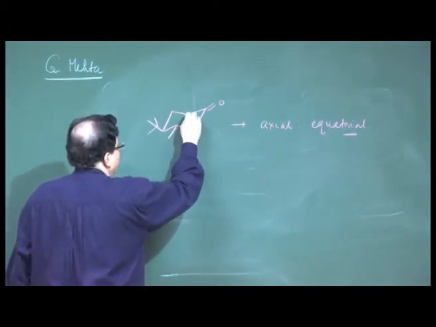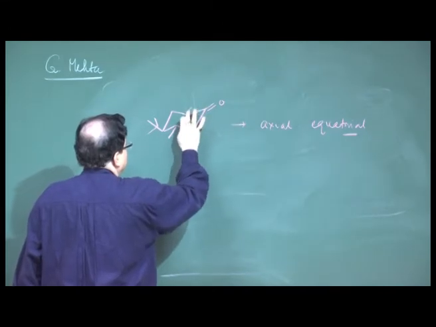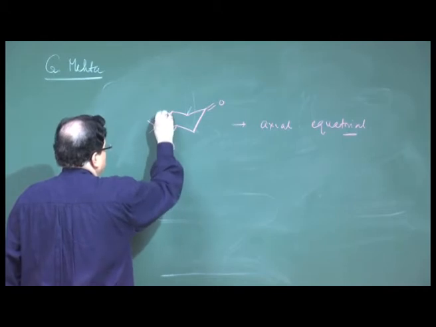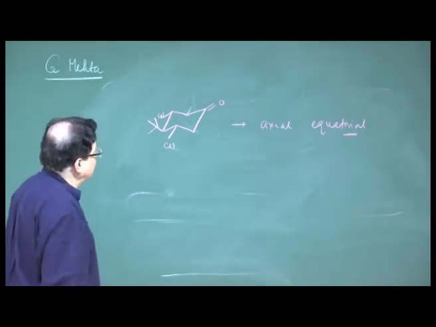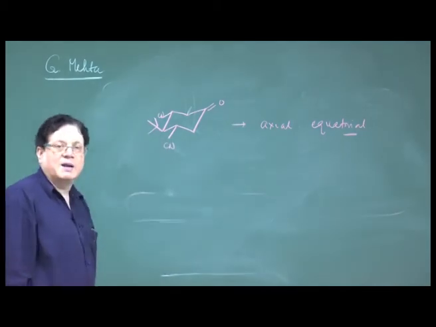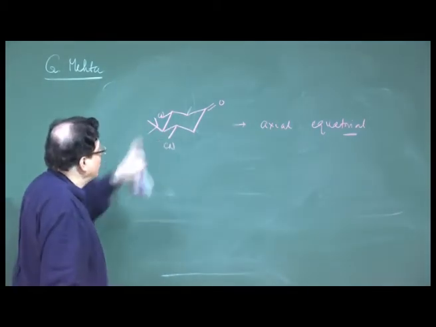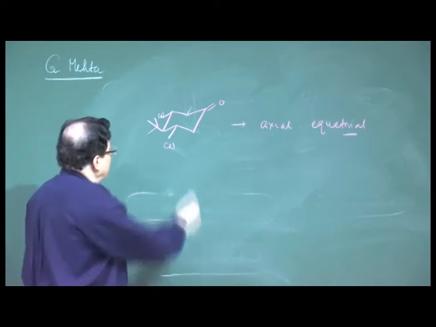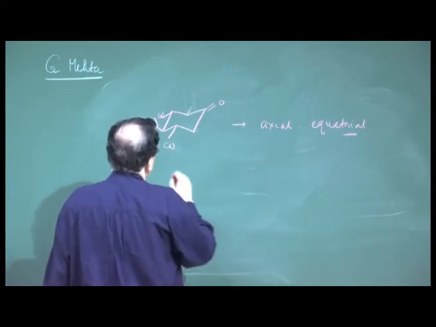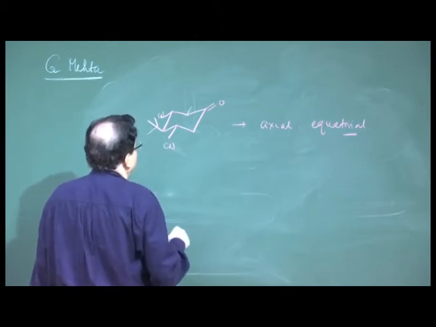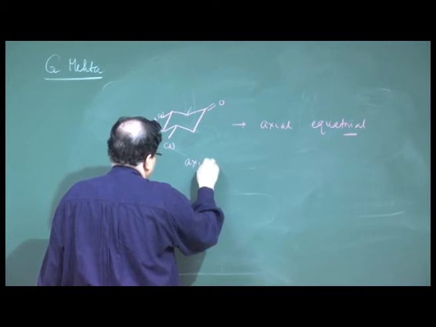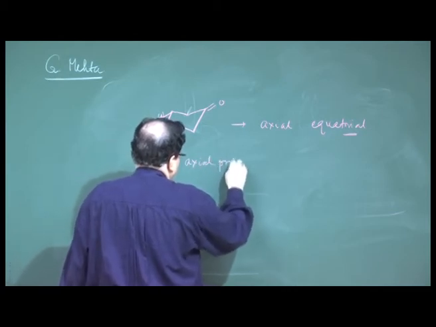If I put substituents here, suppose cyanide, then this carbon-carbon bond, because of the electron withdrawing group of cyanide, becomes an even poorer donor to that antibonding orbital. So, in that case the axial alcohol proportion goes down.